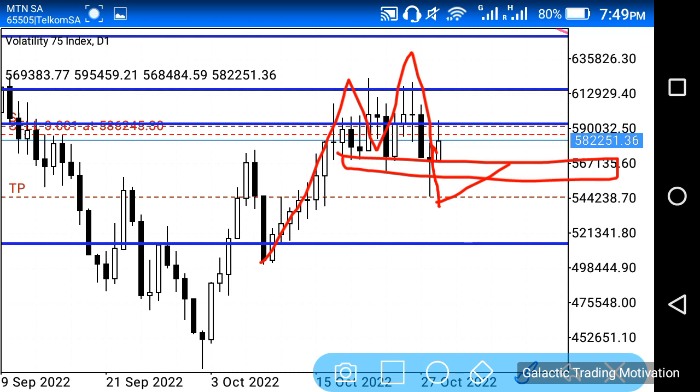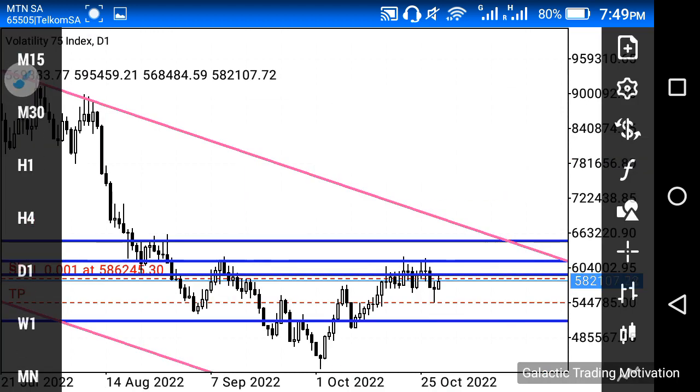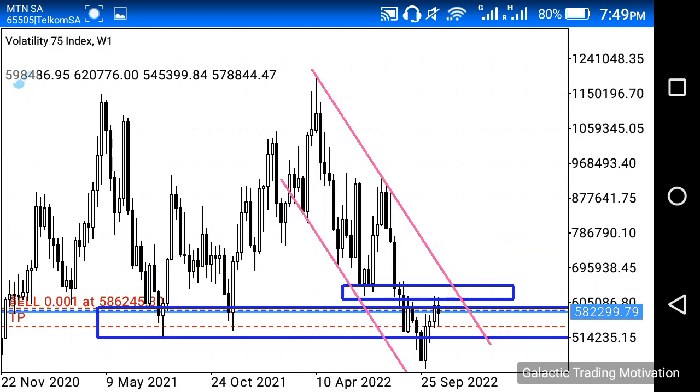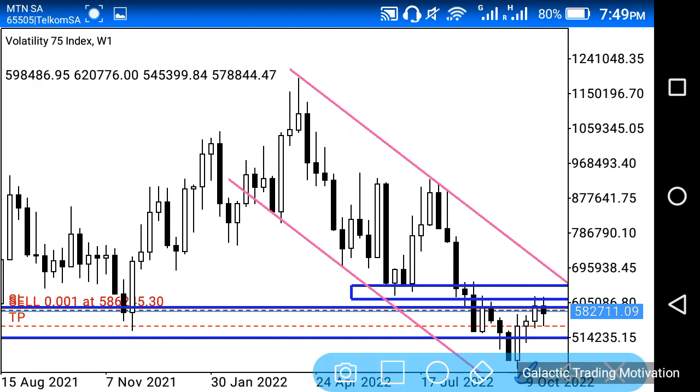At that neckline is where we would look for potential selling opportunities. And that would be in line with, if I can just go back to the weekly chart, the fact that on the weekly chart we actually have this M structure and a neckline at that point, and I said that once price comes back to this level, at this level is where we should look for potential selling opportunities.